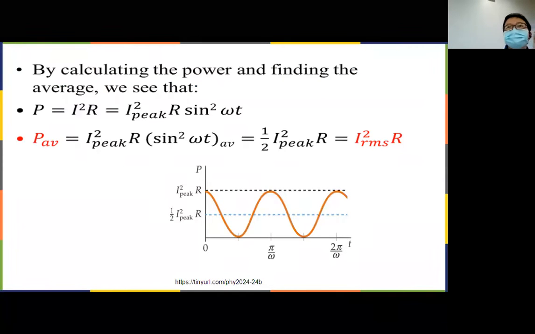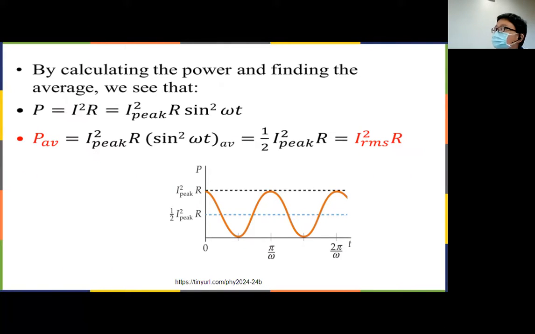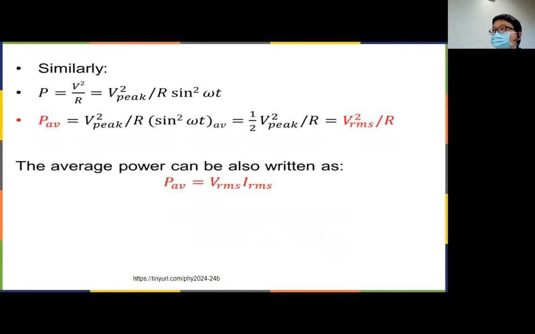And to calculate the power consumed by a resistor in an AC circuit, you can do I squared times R, but this time you have to use the RMS quantity. So you use the RMS quantity for the current, which gives you I_RMS squared times R. And then you can also calculate with V squared over R. Again, you should be using the RMS value of V. R is constant; it doesn't change.